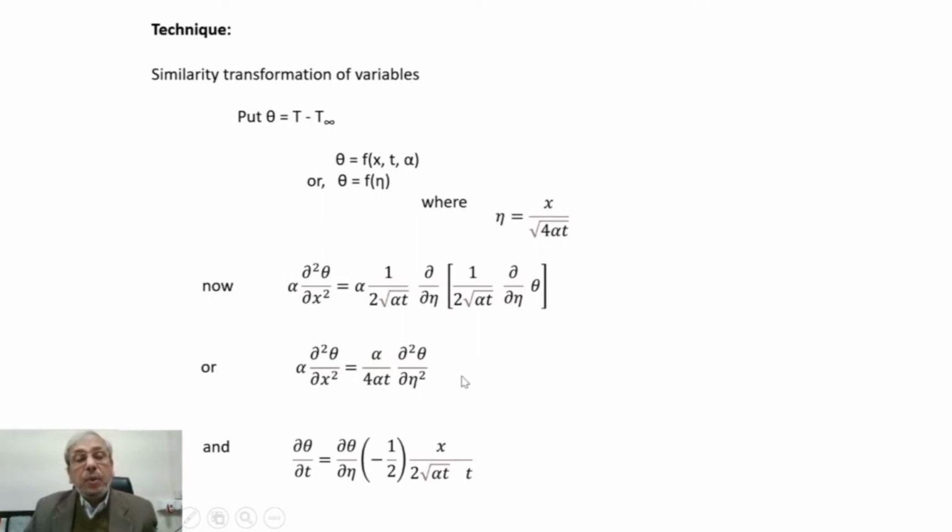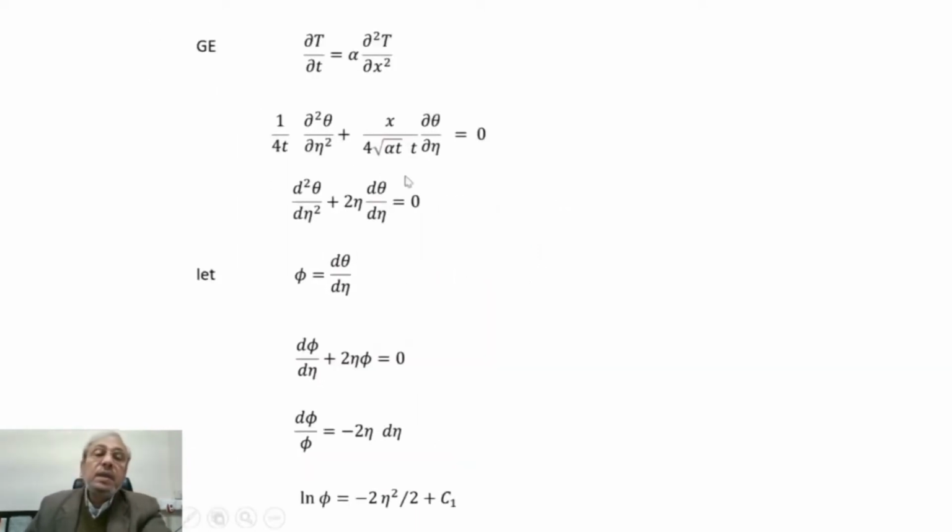So we are changing the variables of the equation. That means instead of keeping it del temperature del time equal to alpha del 2T del x2, we are changing the independent variable as eta.